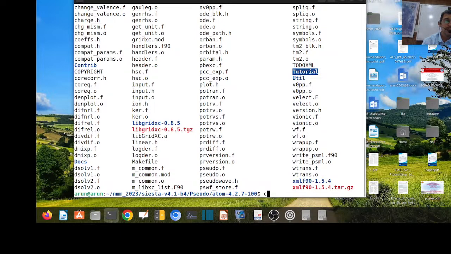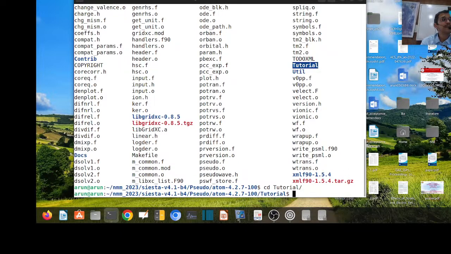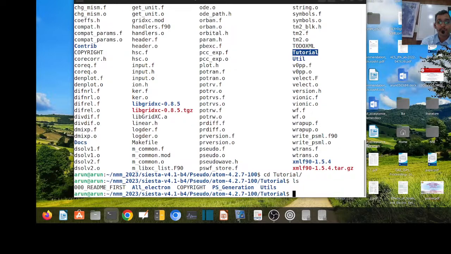You go inside the tutorials, and inside it there are 3 directories: all electron, PS generation, utils.